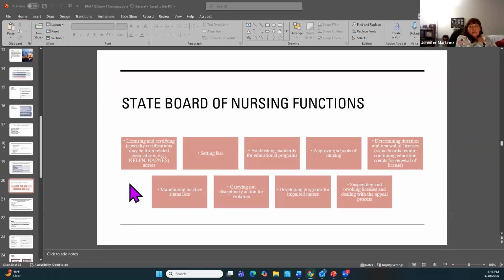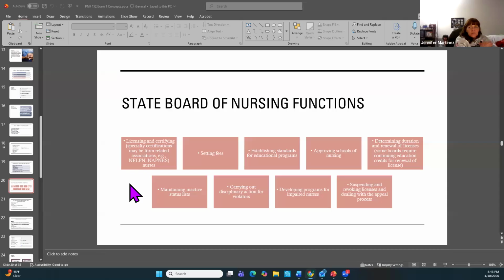It establishes the standards for educational programs. So look at Florida's College, where we operate over multiple states, right? When they set the curriculum, how many clinical hours you need, how many lab hours, all of those things, they have to take the information from each state's board and make sure that we meet the requirements in all of the states to deliver the nursing program.